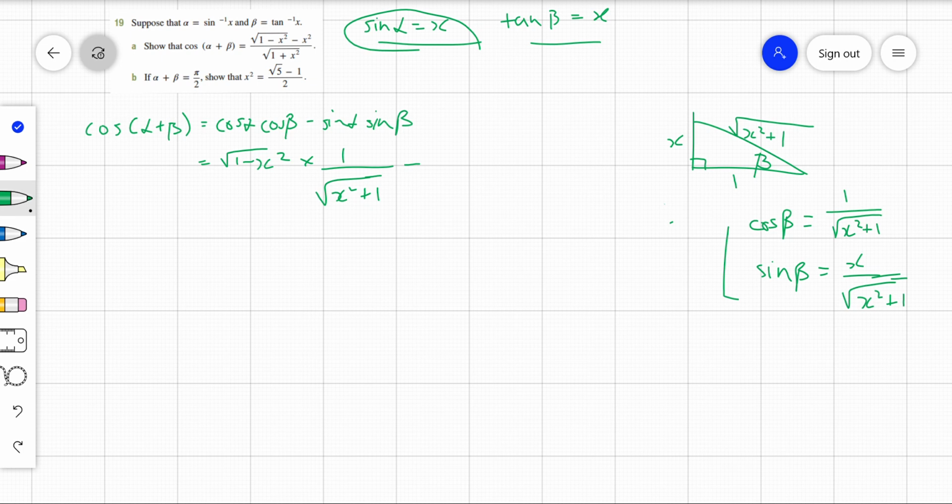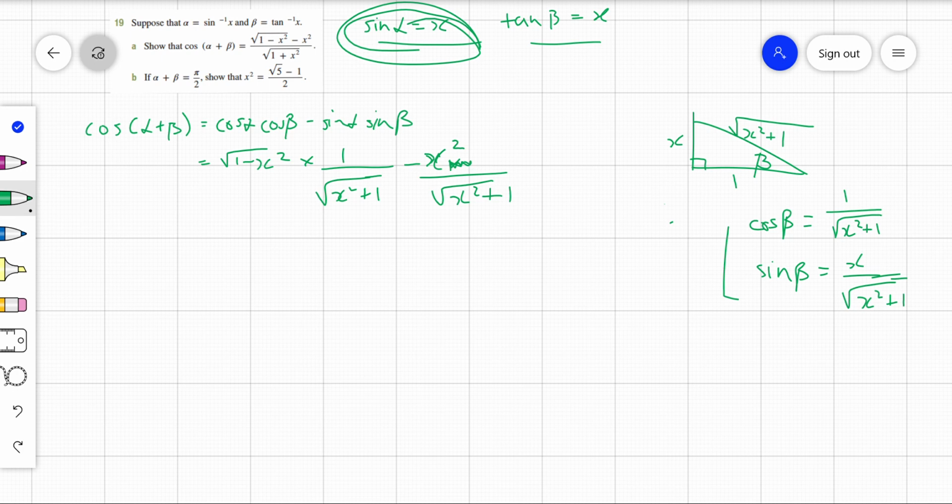Sine alpha was up here, which is just x, and sine beta being x on root x squared plus 1, so I'll just put x squared on root x squared plus 1.